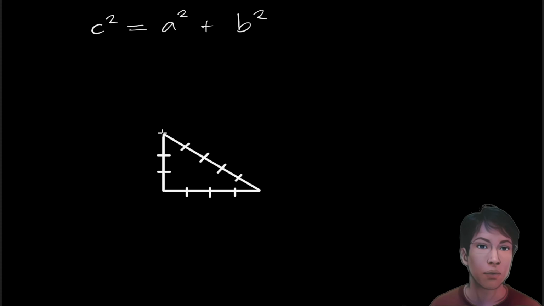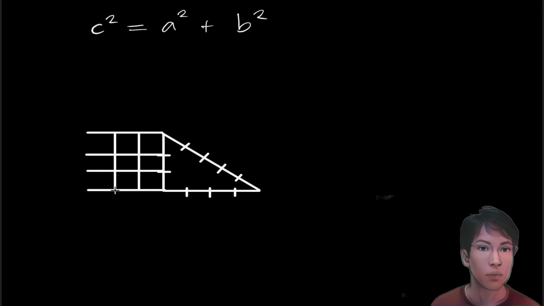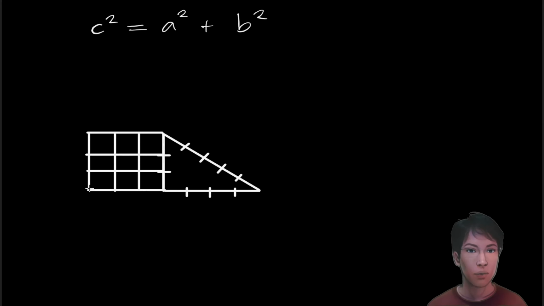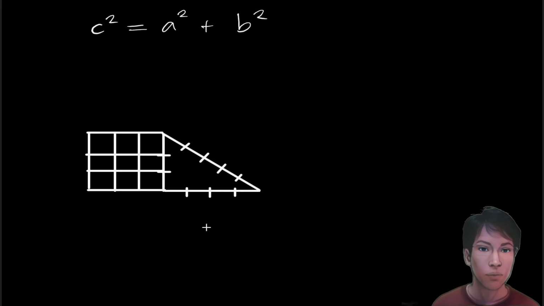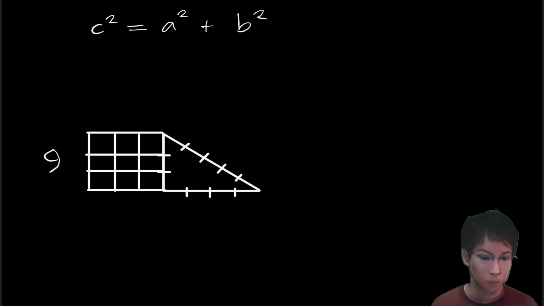So let's see. We have three sides and four sides of the triangle. If I were to make a square on this side, how many squares do I have on this side? I have 9 squares.